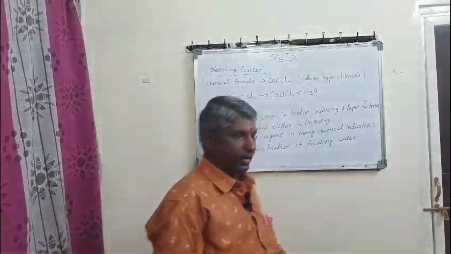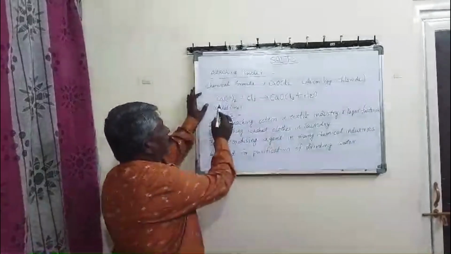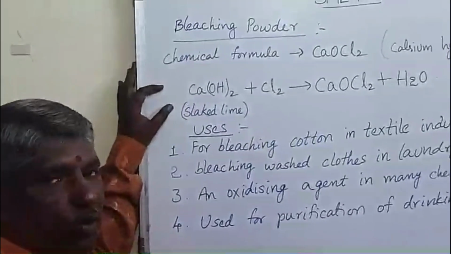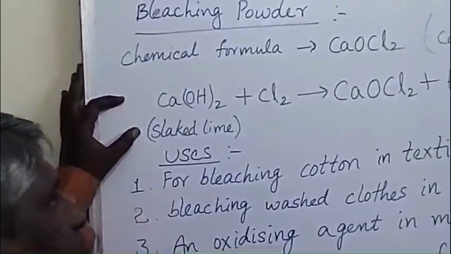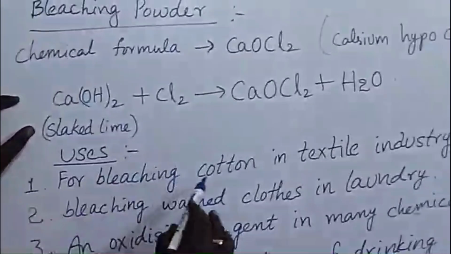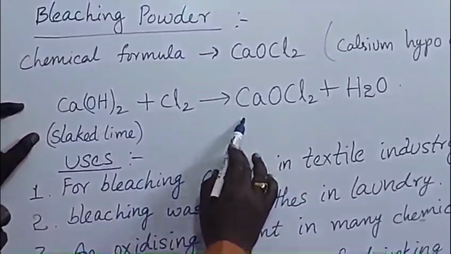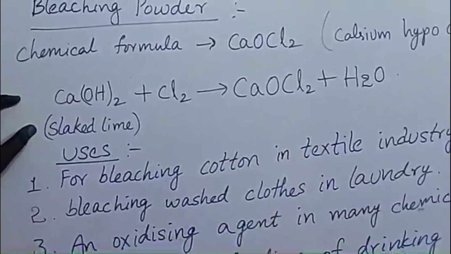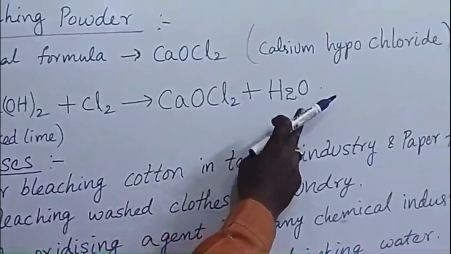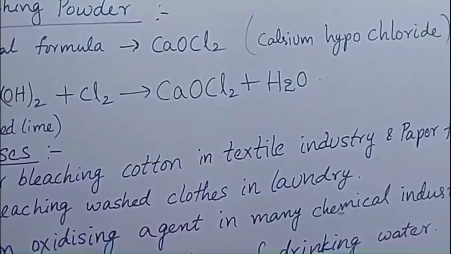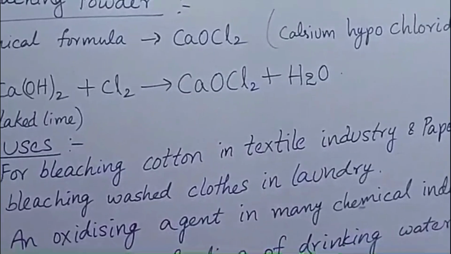Just a simple reaction here. Calcium hydroxide, Ca(OH)2, also called slaked lime, reacts with chlorine gas and forms calcium hypochlorite, CaOCl2, bleaching powder, and also forms water. This is the preparation of bleaching powder.